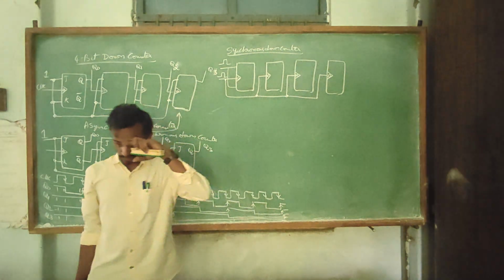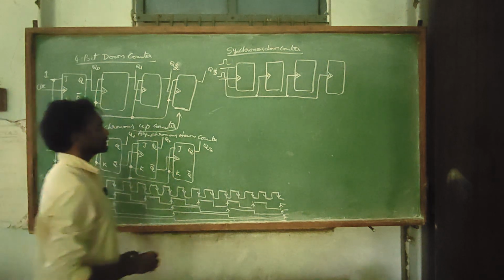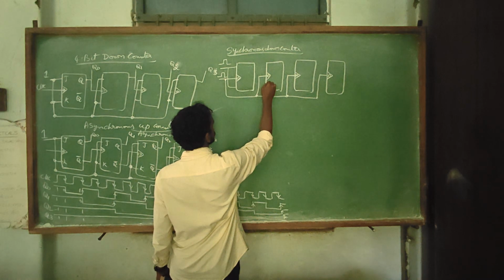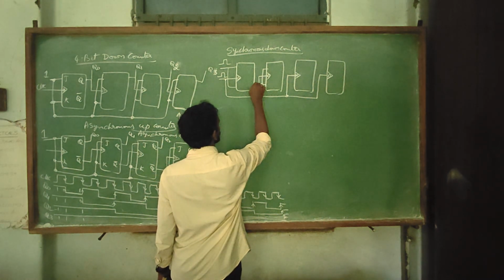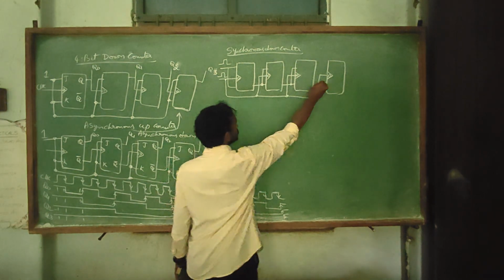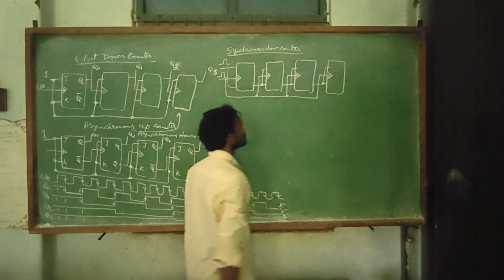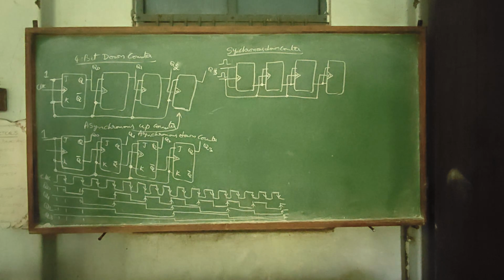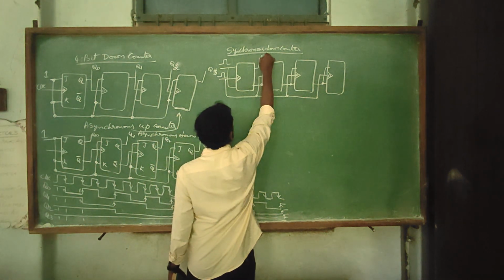Clock is common, Q bar is given as input to the next level, and output is taken as usual at the Q's.